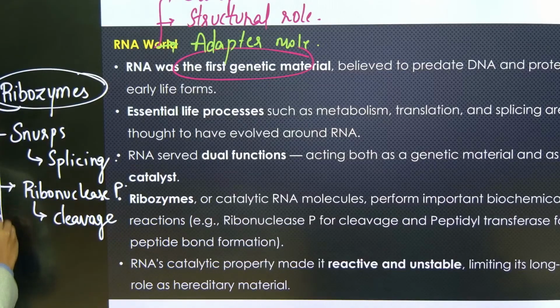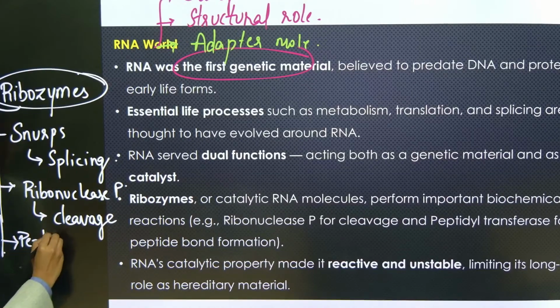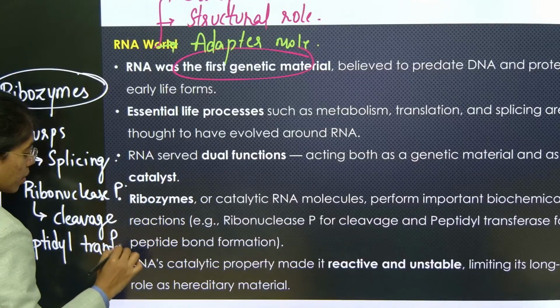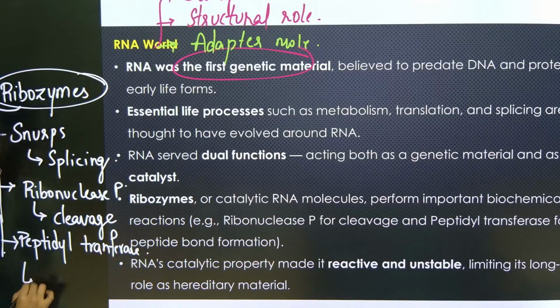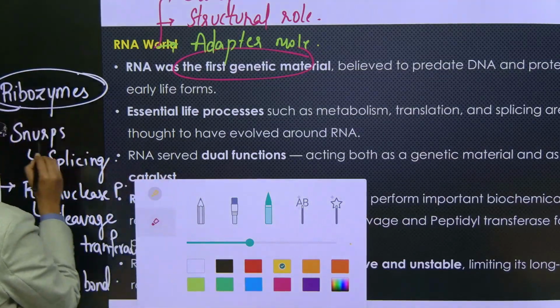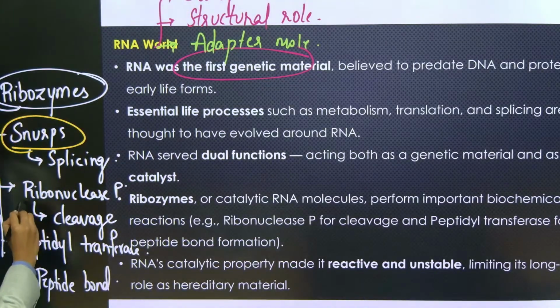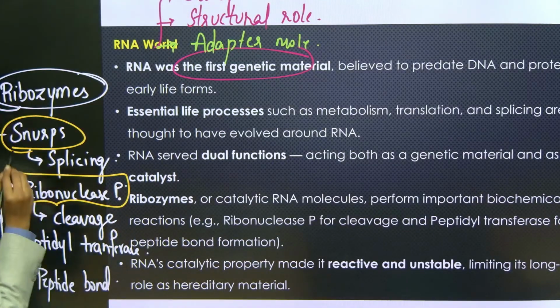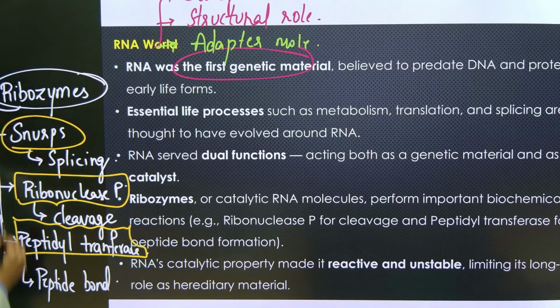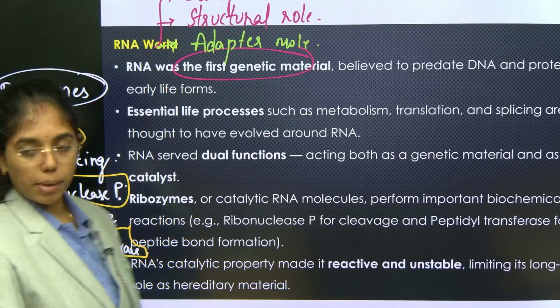Next is peptidyl transferase, which helps in formation of peptide bond. These are some catalytic functions of ribozymes. One is SNRPs, which help in splicing. Second is ribonuclease P. Third is peptidyl transferase, which helps in the peptide bond formation.